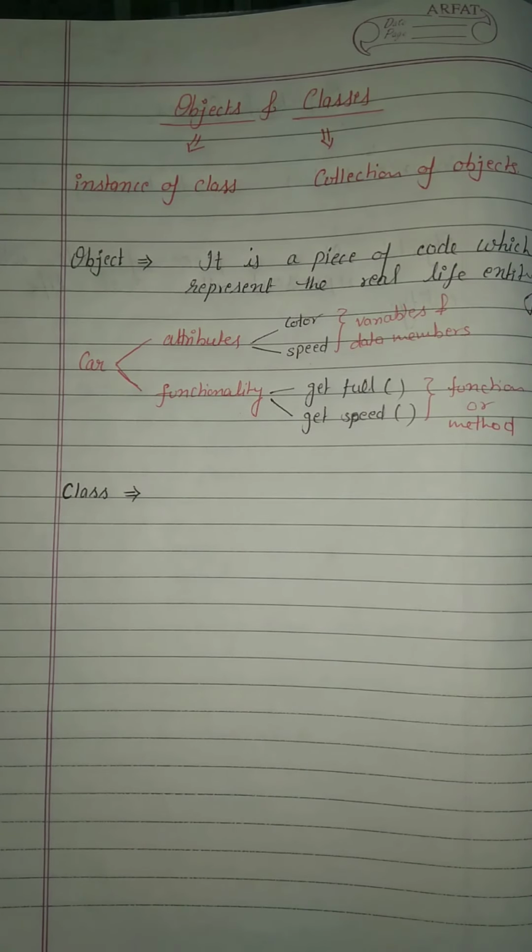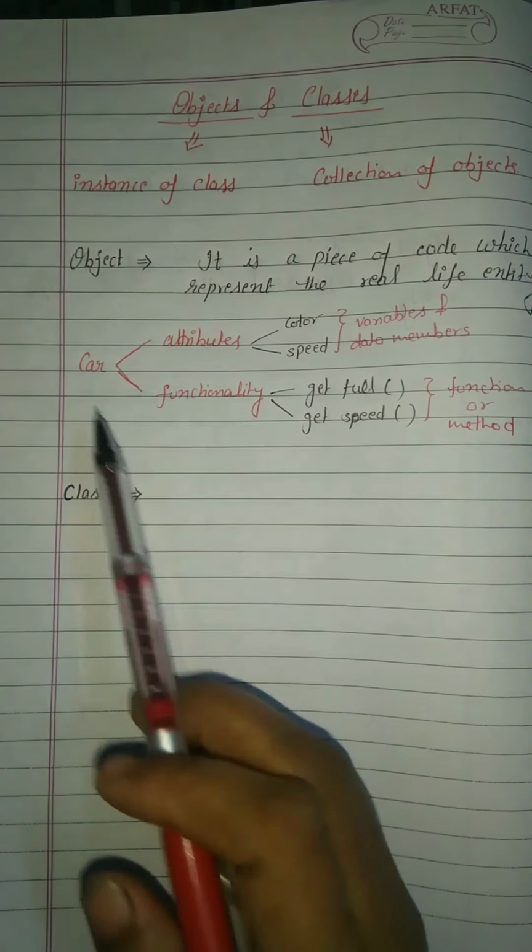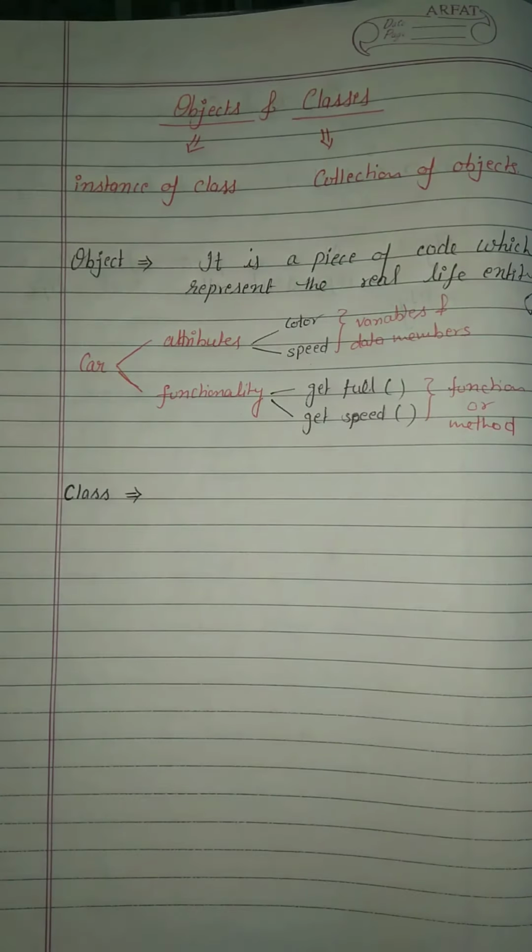These two will be related to the car, which is an object. Car is an object. So what is an object? It is a piece of code which represents a real life entity, with attributes and functionality.